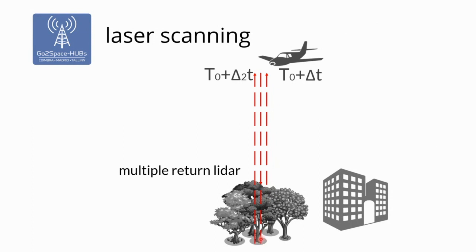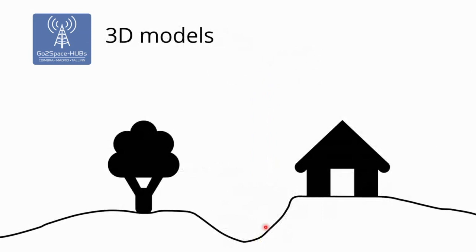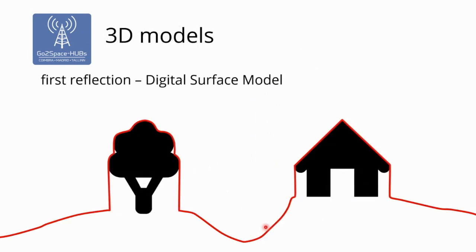So using that, that's another kind of information. We can say, okay, this is an object, probably a tree, and it's as high as we can see here. So using this information, we can create some 3D models. Like using this first reflection, we can generate something called a first digital surface model. It's like a terrain, but with all the objects on it.